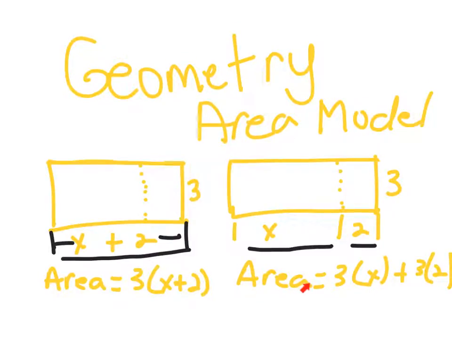We can also say area equals 3 times x plus 3 times 2. Both of these are right. The expressions represent the exact same area, and they're true. So this is a perfect demonstration of the distributive property. We can distribute it differently and get the same answer.